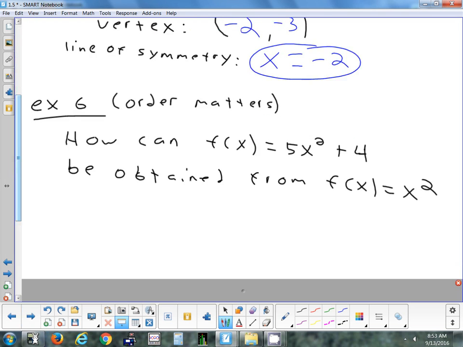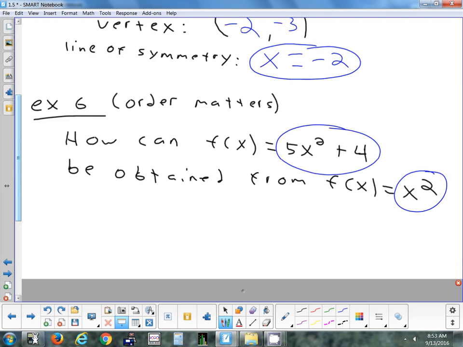Yeah, that shifts it up. When it's outside the argument that's squaring, that shifts up and down. So shift up, but then tell me how much. If you just said shift up, I'd only give you half credit for that part. It's true, it does go up, but you didn't say how much.